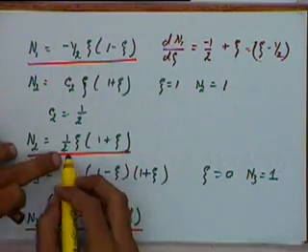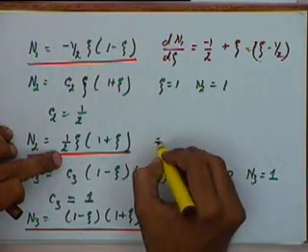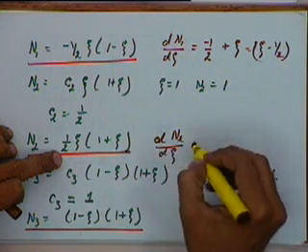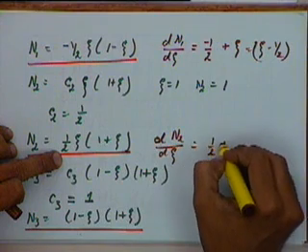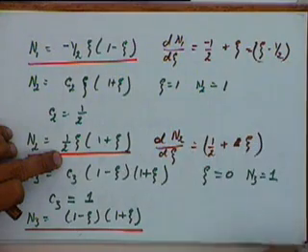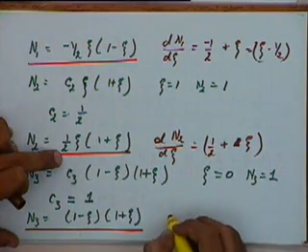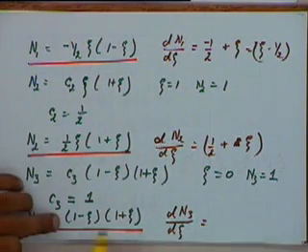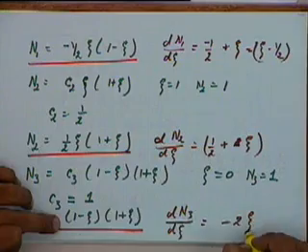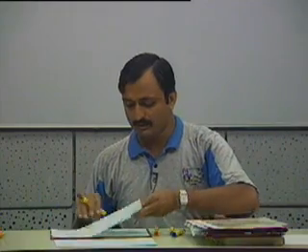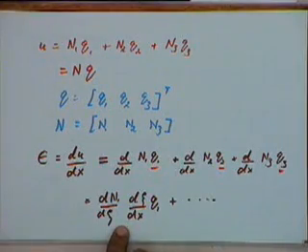Is that right? Yes. For N2, this will give us half plus zeta. And dN3 with respect to zeta will give us minus 2 zeta. So these are the three derivatives which we will have, and we put them in this expression.